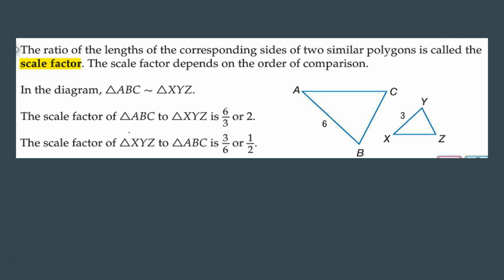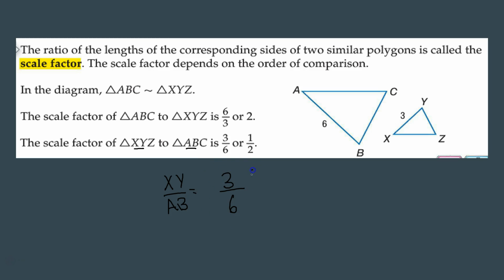But let's say we're doing our scale factor from our smaller triangle to our bigger triangle. So remember, what we do know is XY and AB. So XY, we're going to divide by AB. XY is 3 and AB is 6. We can simplify this some more.